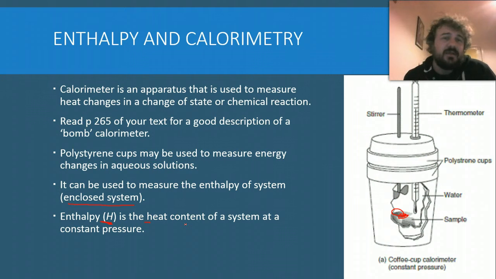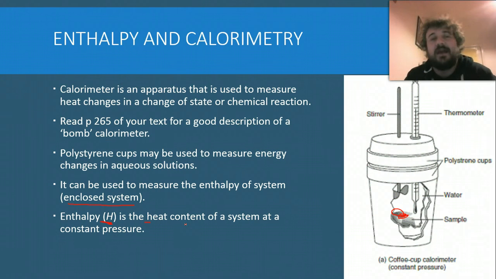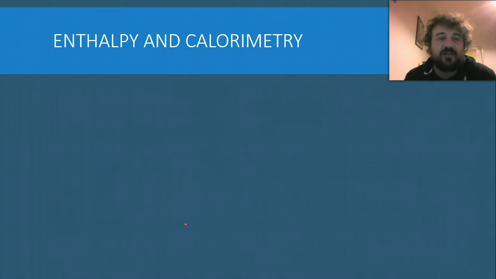Now, that H should be familiar, because of the previous video we've done with an equation, which we're going to get into. Just to be sure, enthalpy is the heat content, the total heat energy of a system at constant pressure.